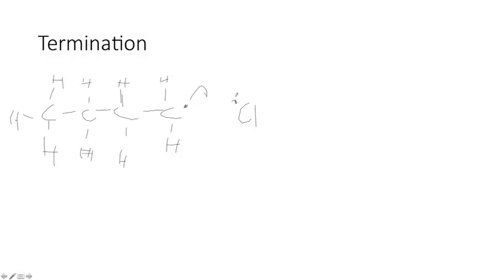These can react together, with this unpaired electron here and this unpaired electron here, and that forms our product with a chlorine group substituted in. Remember, here there will be no free radical, so no dot.